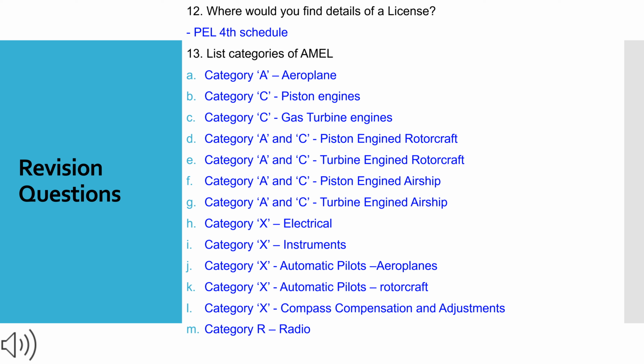Question number 12. Where do you find the details of a license? The details of the license are found on the Personnel Licensing 4th schedule.